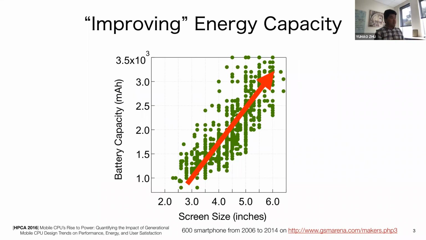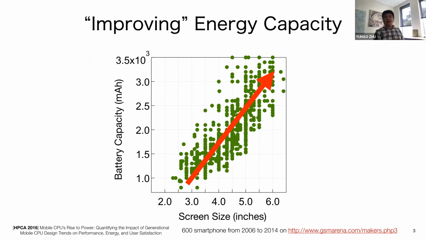So this is a plot from a study we did when I was back in grad school. We mined 600 top-selling smartphones on the market, and the figure plots the battery capacity on the y-axis and the screen size on the x-axis. We couldn't really get the battery size, so we used the screen size as sort of a proxy.